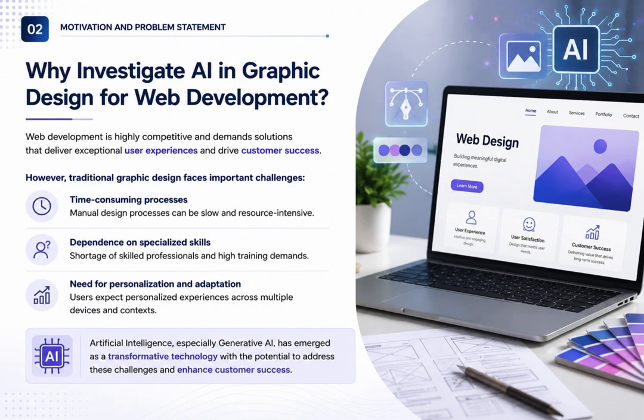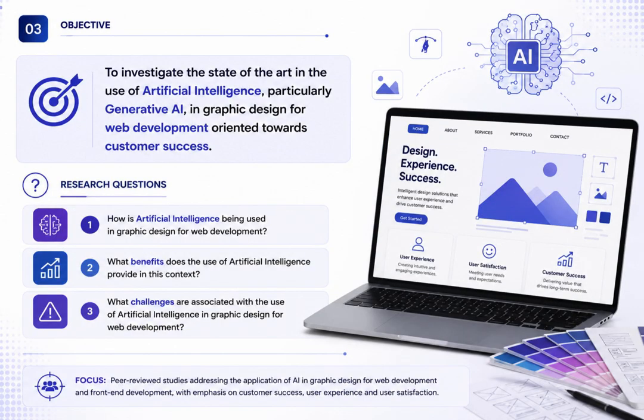for web development. The main objective of this review was to investigate how artificial intelligence is being used in graphic design for web development with a focus on customer success. To achieve this objective, we defined three research questions. The first investigates how AI is currently being applied.